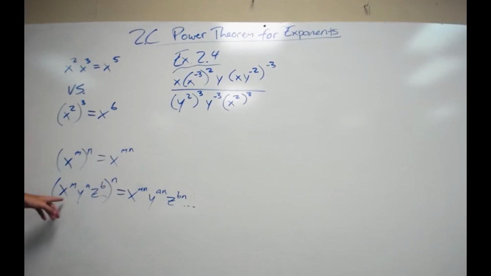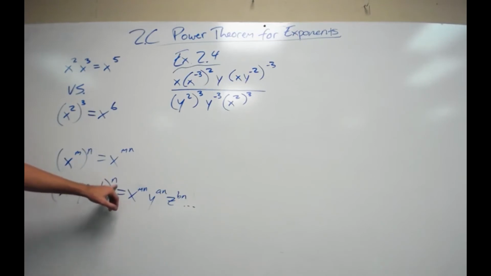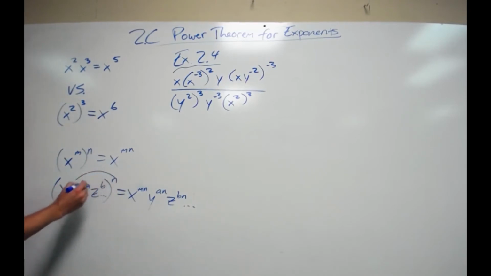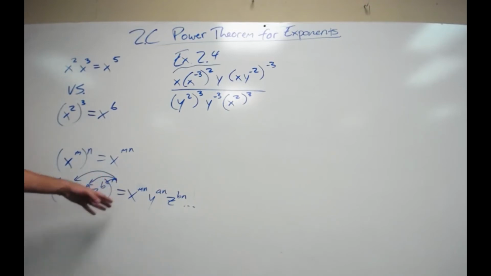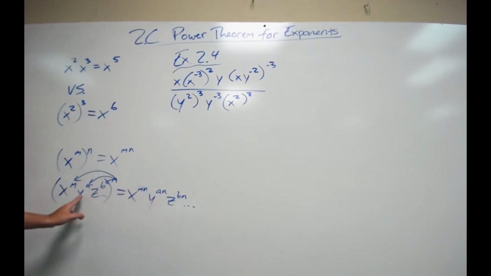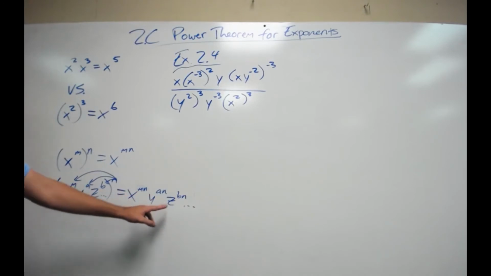So if you had x to the m, y to the a, z to the b, all to the power of n, you would simply distribute to all of them. And I put dot dot dot because it's implied that it goes on and on. So you would get x to the m times n, y to the a times n, z to the b times n.